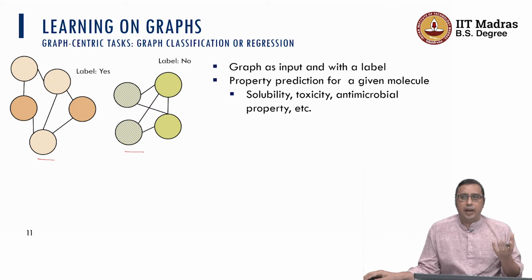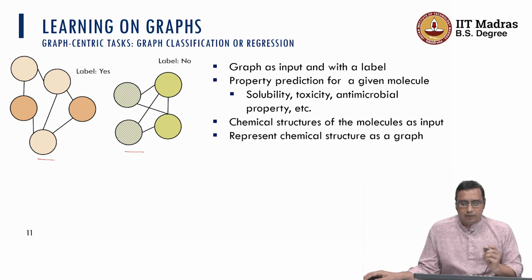For example, for antimicrobial property, I know a set of molecules and their labels, whether they have antimicrobial property or not, yes or no, yes or no. Now using this data, I want to build either a classification or regression task where, when I get a new molecule or I come up with a new molecule, I want to know whether it has an antimicrobial property or not, or whether it is soluble in a certain solvent or not, or it poses a certain toxicity effect or not. Those kinds of predictions I want to do.